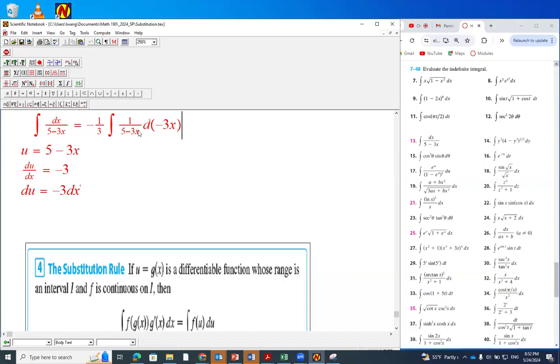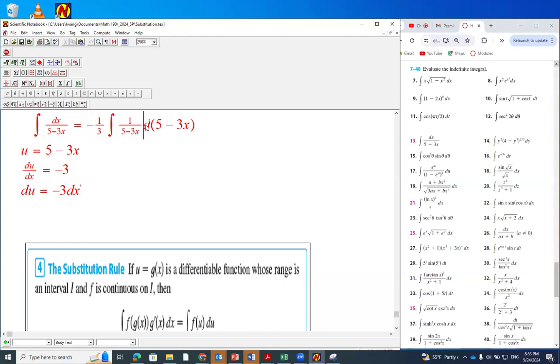So the derivative, it's better I keep it that way, right? Keep the -3 outside. How about that? Okay, this is better, even though there's no difference. I can also do this, 5 minus 3x.